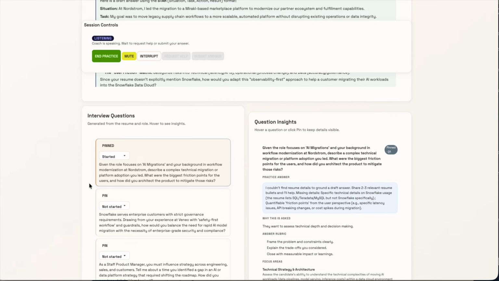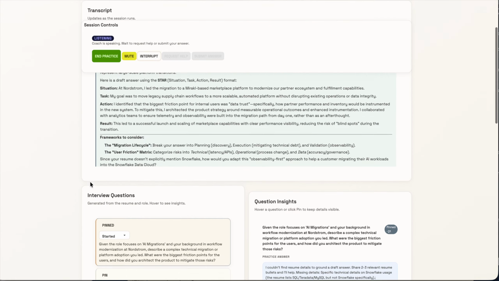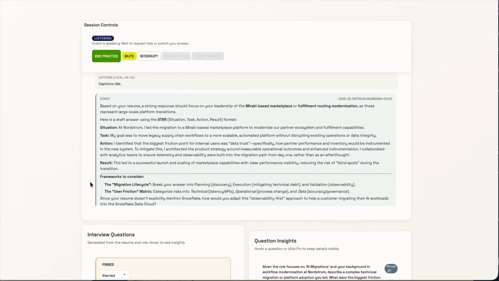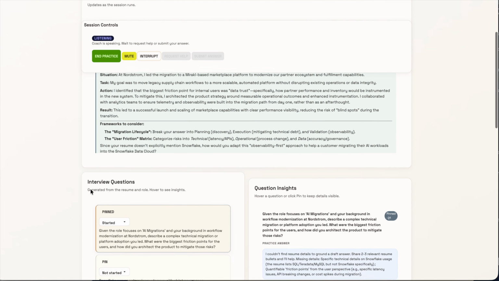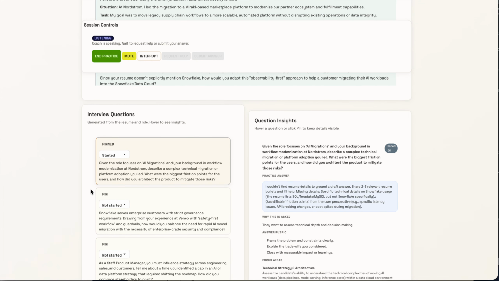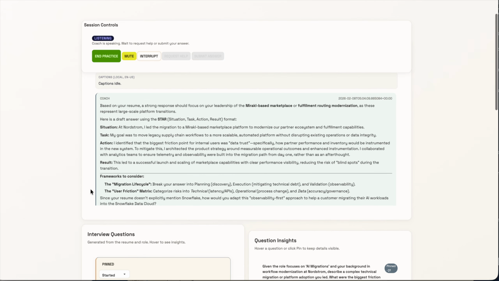Based on your resume, a strong response should focus on your leadership of the miracle-based marketplace or fulfillment routing modernization, as these represent large-scale platform transitions. Here is a draft answer using the STAR, situation, task, action, result format. Situation. At Nordstrom, I led the migration to a miracle-based marketplace platform to modernize our partner ecosystem and fulfillment capabilities.